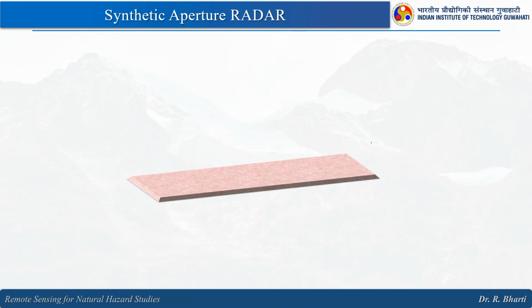Assuming this is a particular area which has a target which needs to be captured in our microwave remote sensing data, the synthetic aperture radar is available here and this is the nadir. If you draw this, it will come here.